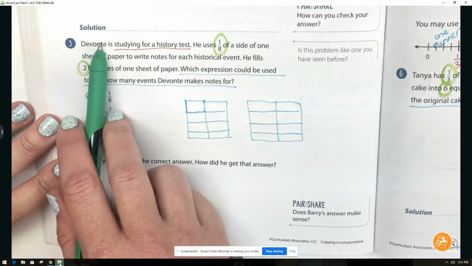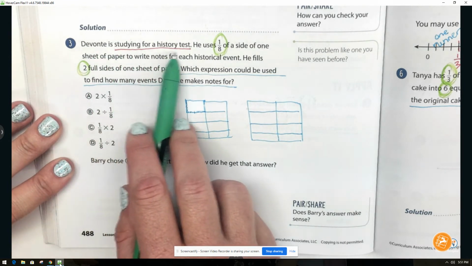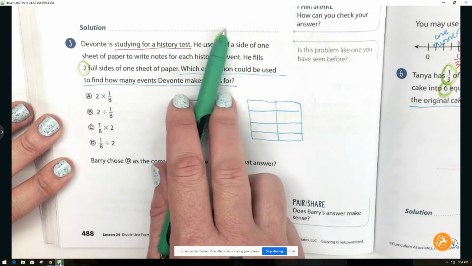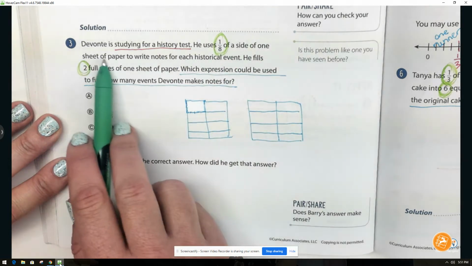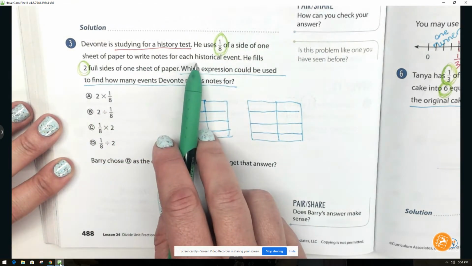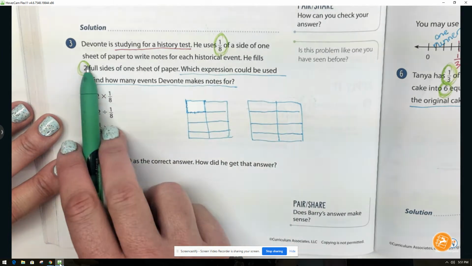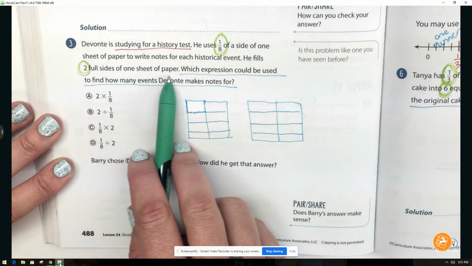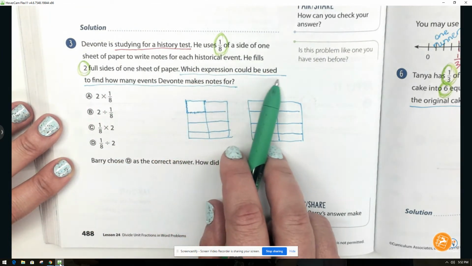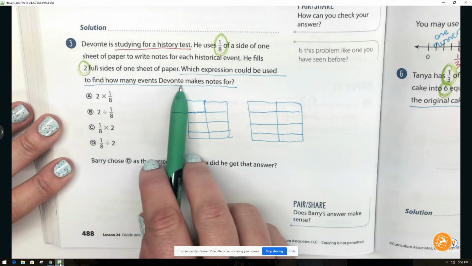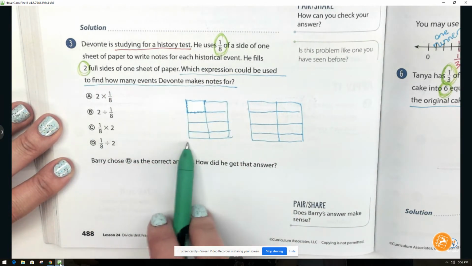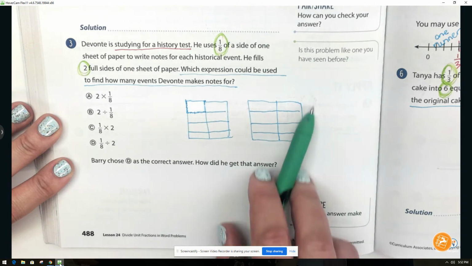Number 3 says this: Devonte is studying for a history test. He uses 1/8 of a side of one sheet of paper to write notes for each historical event. He fills 2 full sides of one sheet of paper. Which expression could be used to find how many sides Devonte makes for notes? So first I drew 2 sheets of paper.